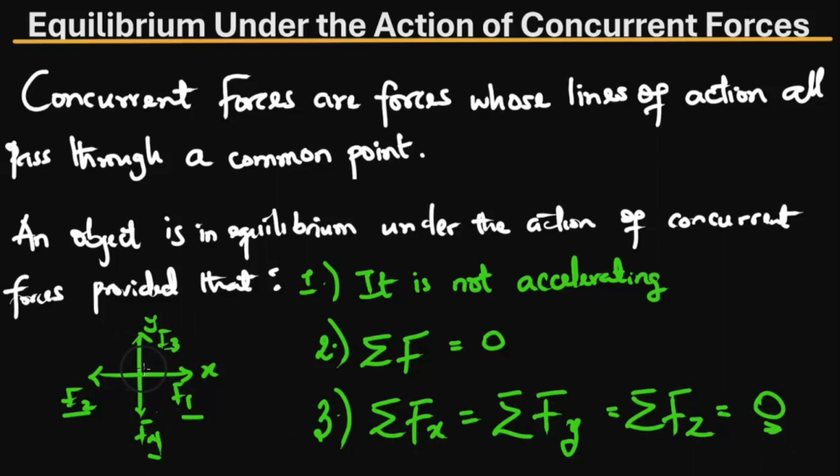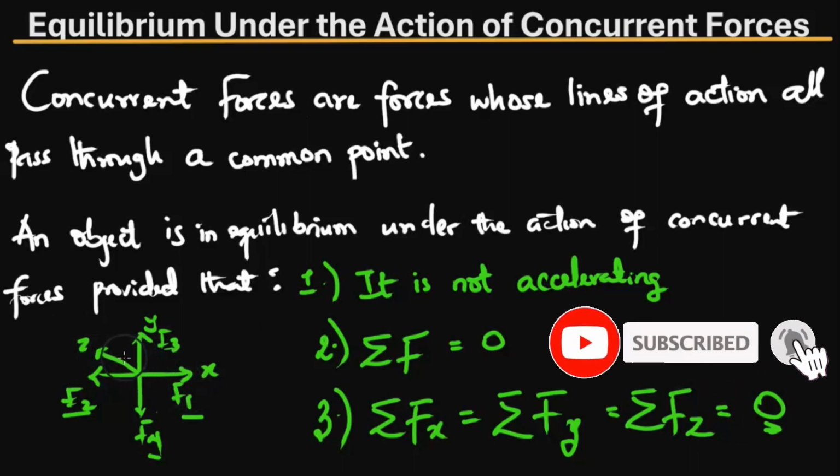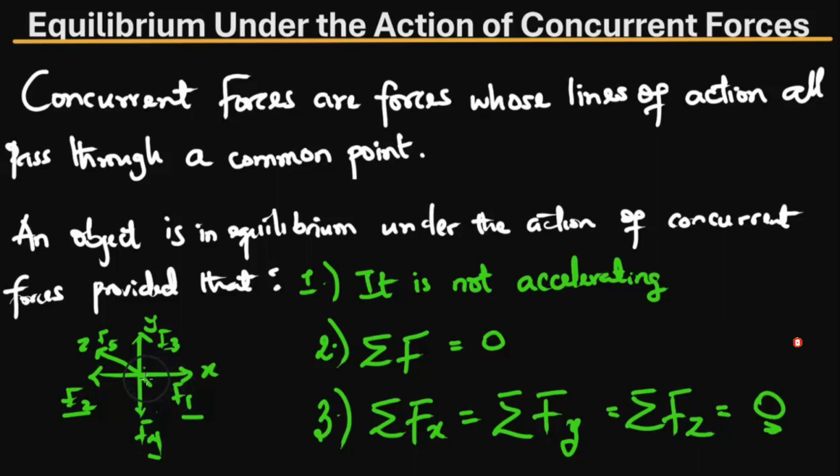And if it's three-dimensional, let's say we have a z axis, and let's call this F5, and here we have F6. The summation of the forces in the z direction, which is F5 and F6, must be equal to 0. And if these conditions hold true, then that object is in equilibrium.